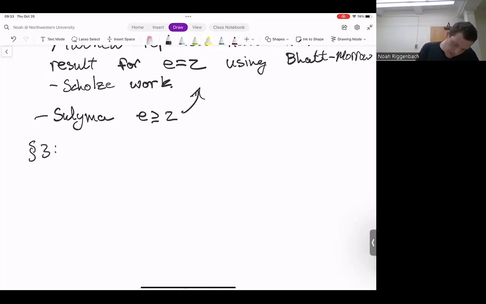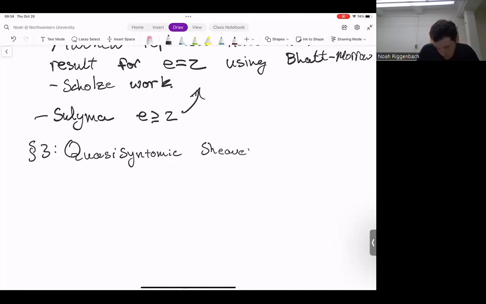So section 3. And I'll say before I jump into this that I'm going to give topological constructions of the main sheaves. And from this perspective, it's not super clear that these things are very computable.